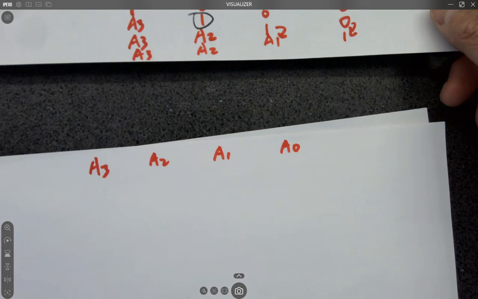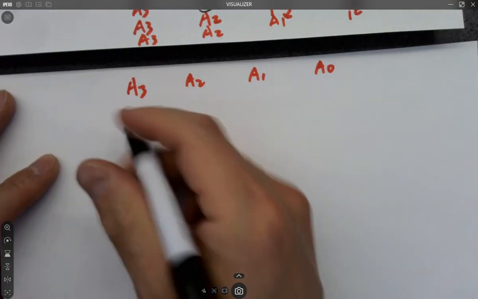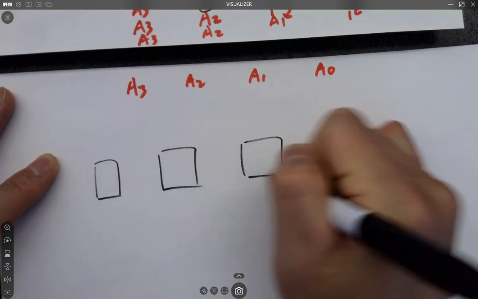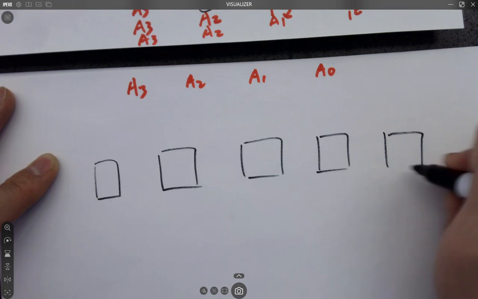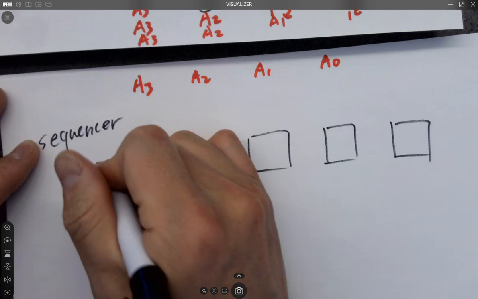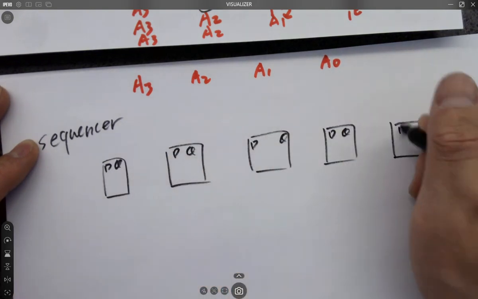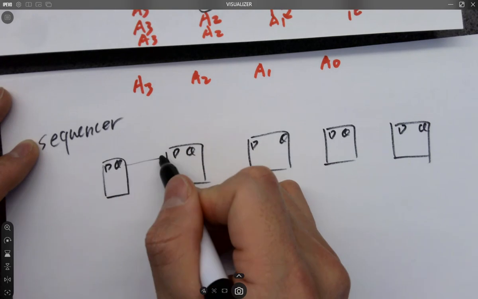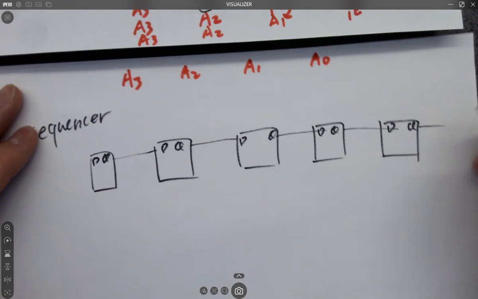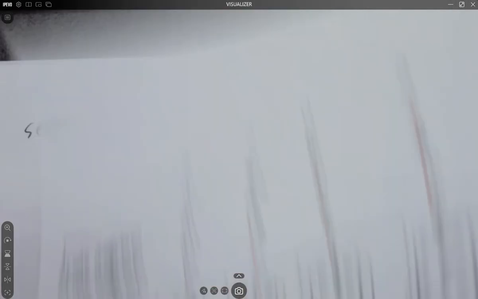Okay. Let's do this really quick. So these are providing all the 5 data lines to the code register like this.